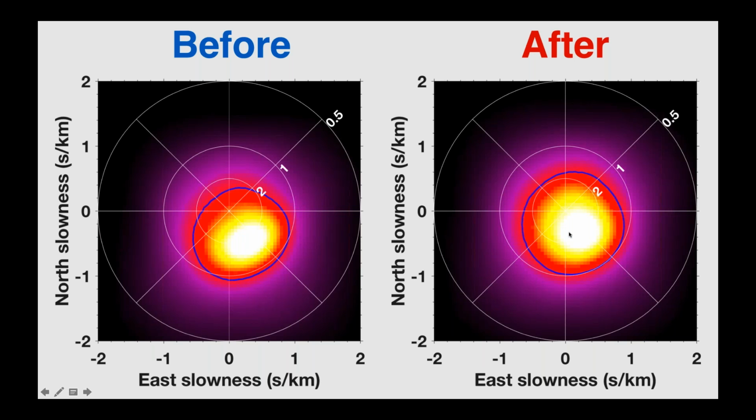And if we draw one contour line, it looks more circular. So these are small changes, but very important changes for the noise correlation functions. I should also say that the 2D array is not really big enough to resolve multiple waves in these frequency ranges, but we can still do some weighting.